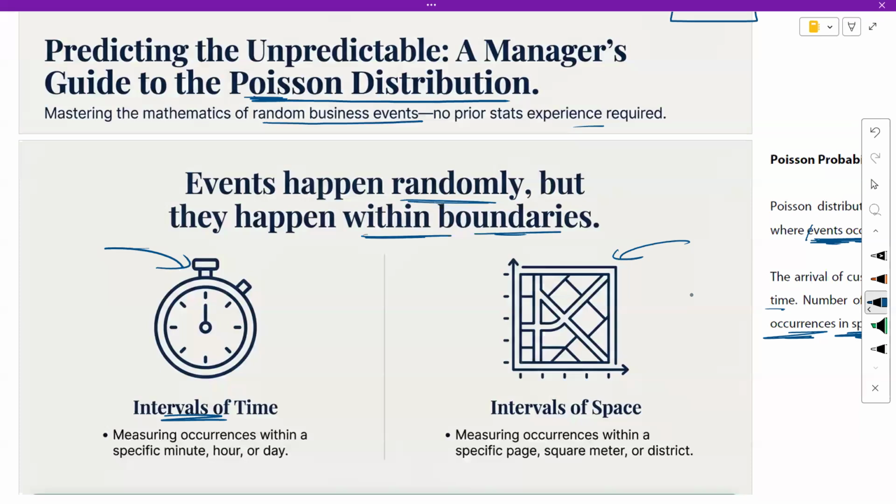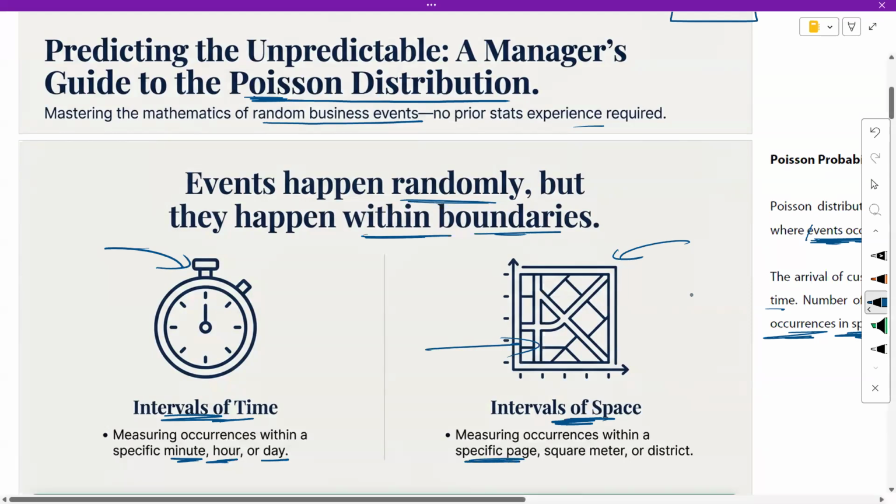Measuring occurrences within a specific minute, 1 hour, or 1 day: how many likes you receive on Instagram, how many shares or comments you get on TikTok, in a minute, hour, or day. So there is an interval of time and an interval of space. As I told you in the book example, measuring occurrences within a specific page, square meter, or district.